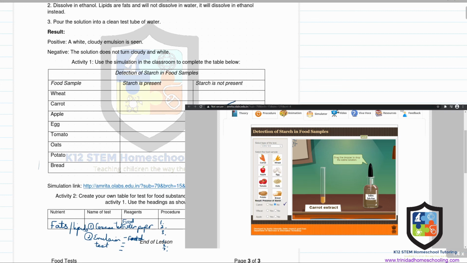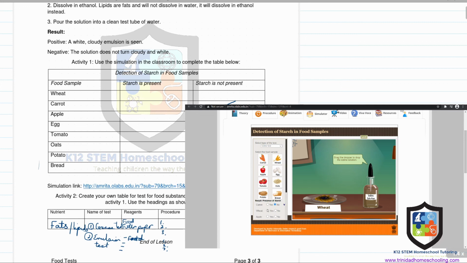Let me do the other example, the wheat, for you. When you need to do the test for the other one, you click on wheat. Some wheat appears on your plate, and you just drag that dropper onto the wheat. You notice an immediate color change, from this color to blue black.